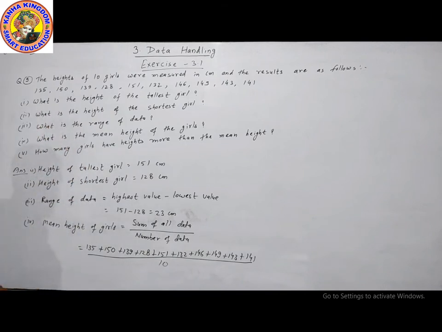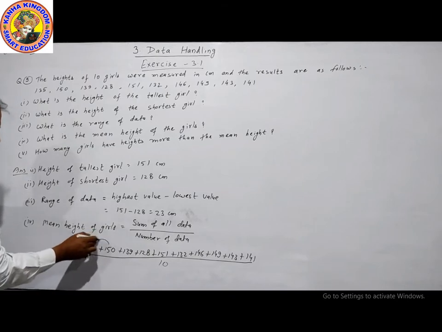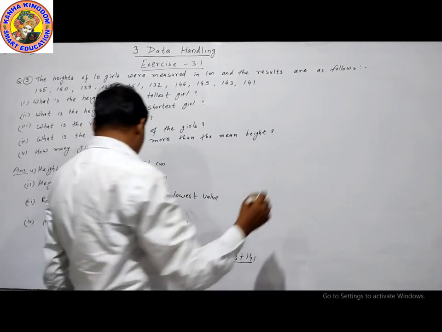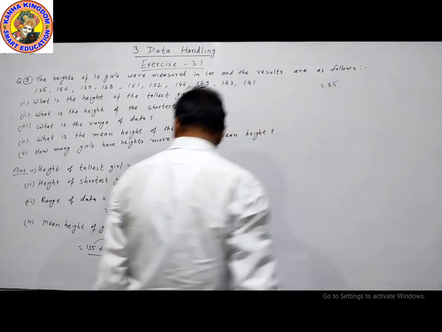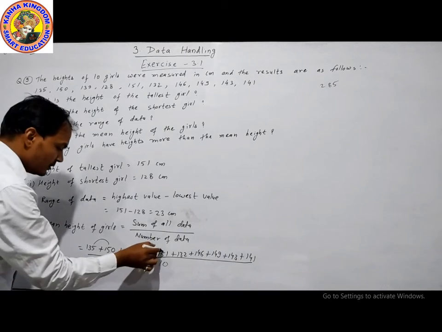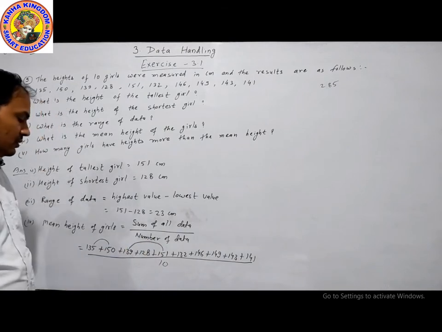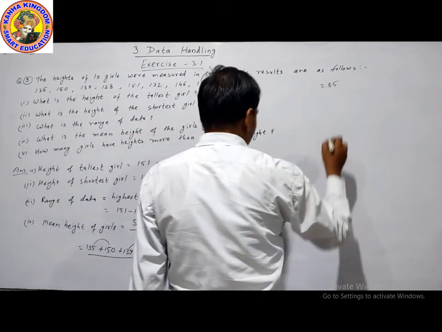Now taking the sum of these. These both are 285. These both are 290.